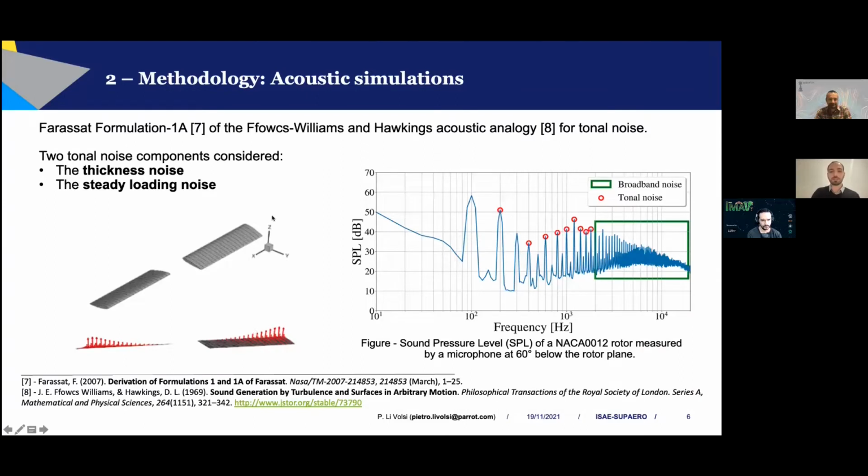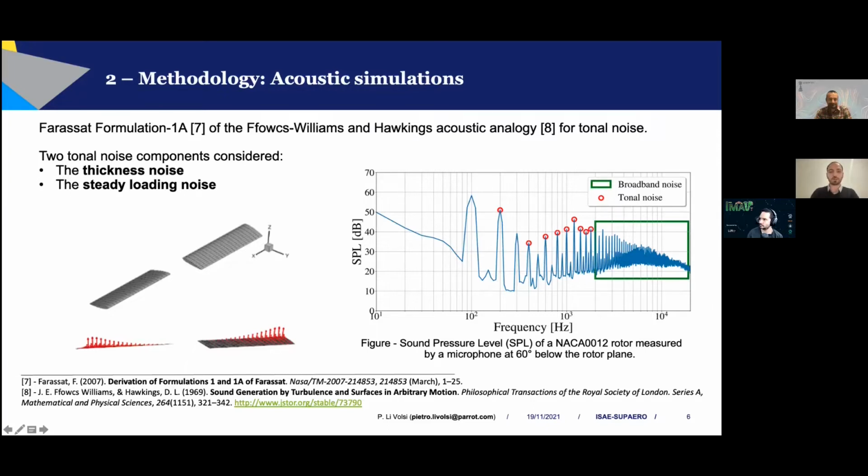The experimentally measured sound pressure level of the NACA 12 initial geometry is shown here on the right-hand side. Here you can clearly distinguish a set of discrete peaks that compose the so-called tonal noise and a high-frequency broadband noise.